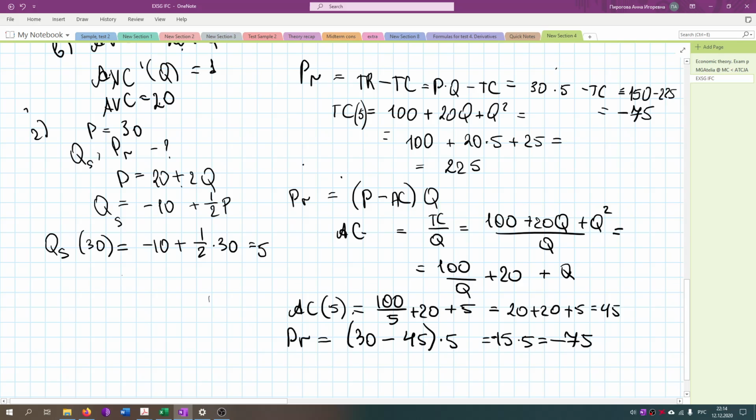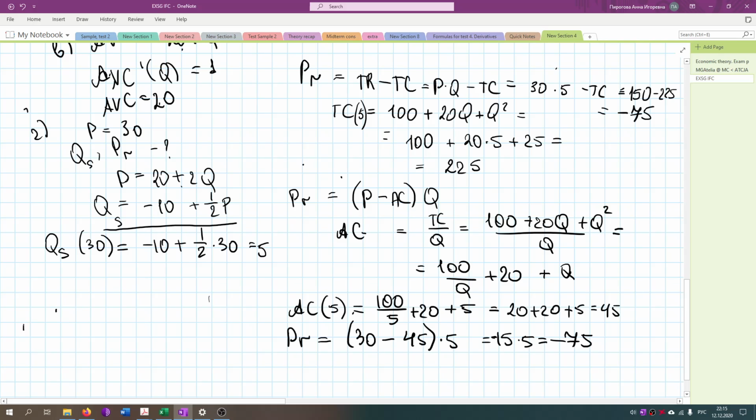Speaking about quantity supplied, I would like to mention that this equation is relevant only to one part of the quantity supplied.